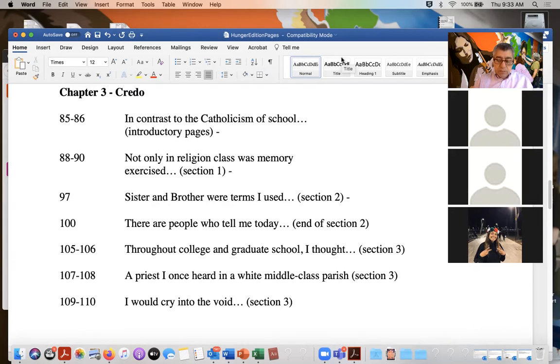My book is the dark brown one, the paperback. This is mine. The black one, okay.